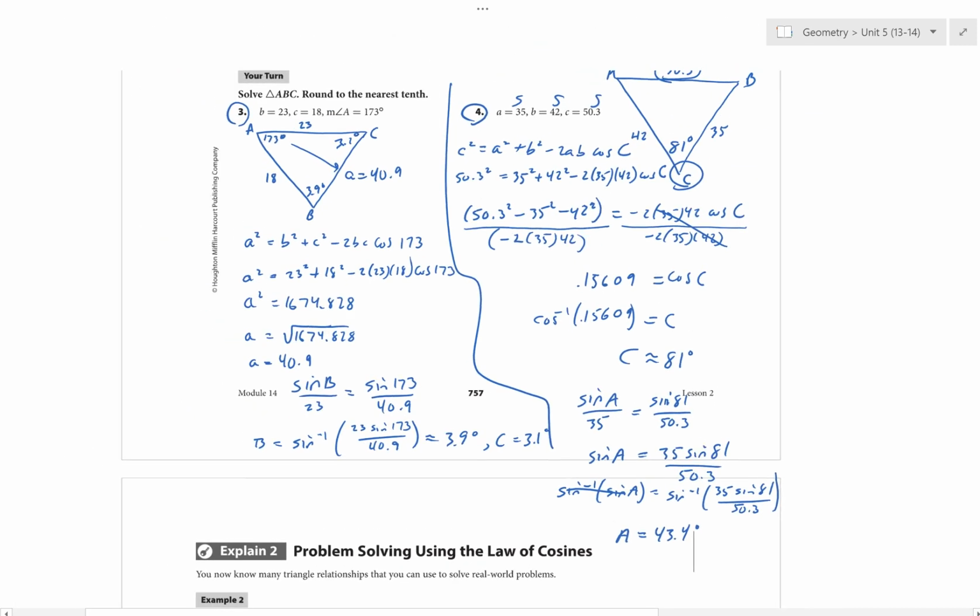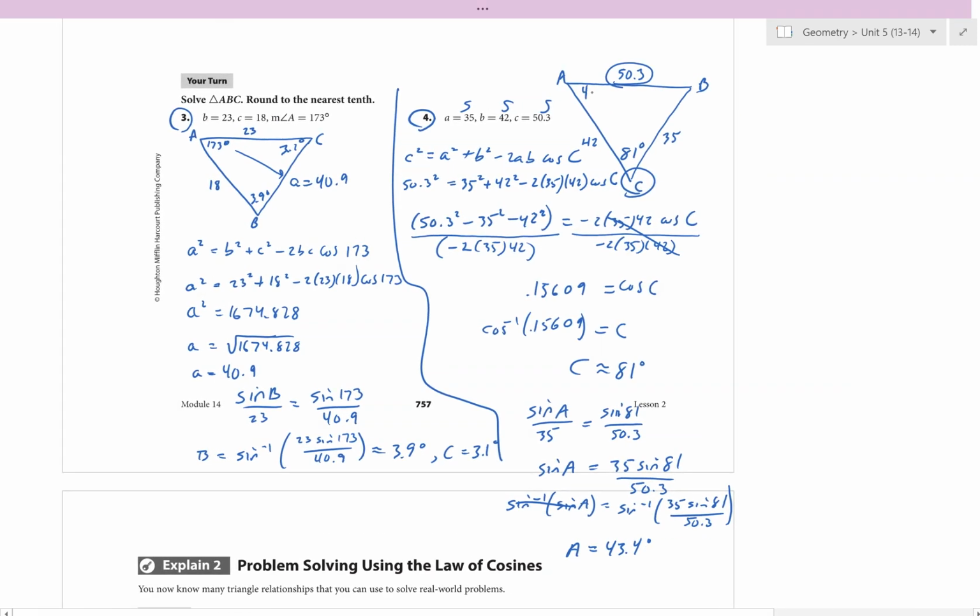Now that I have 43.4, I know two angles, so I can subtract from 180 to get the third one. 180 minus 81 minus 43.4 is 55.6. So now I have all three angles and all three sides.